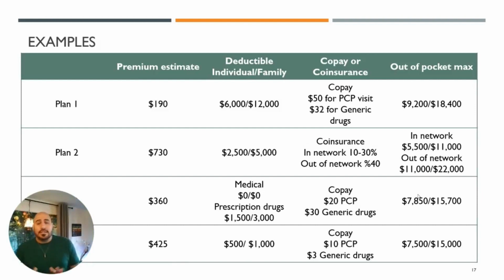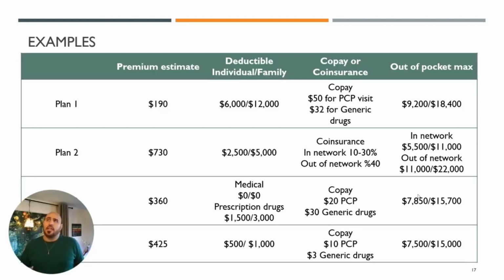Now, something to consider that I did not put a slide for is the total cost for you. The way you do the total cost is taking the premium estimate and multiplying that by 12, right?